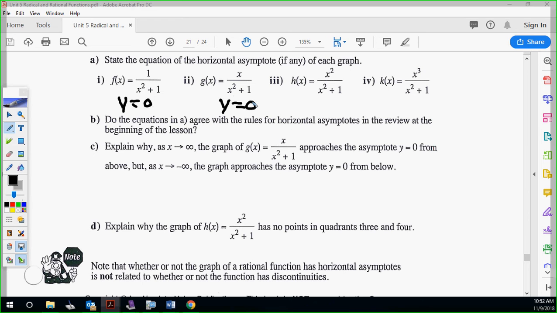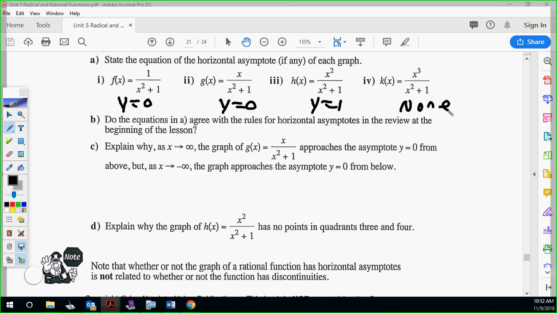Third one. Y equals 1. X squared, coefficients are 1 over 1. Okay, and the fourth one, none. Okay, we see that illustration there of our horizontal asymptotes. So the first two, the bottom is growing faster. The third one is equal, so it's the coefficients. The fourth one, the top is growing faster, so none. Okay.